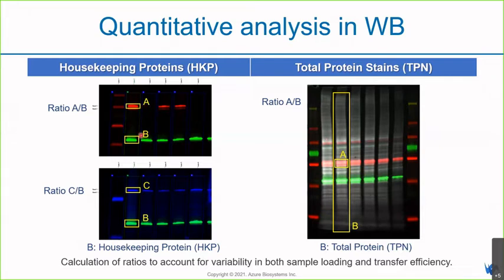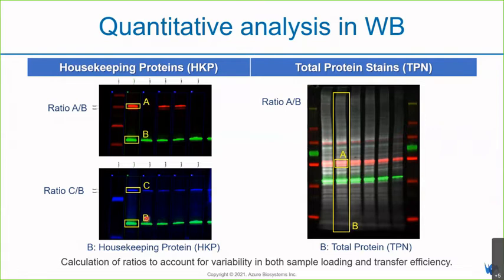How to do that is dividing the signal intensity of your target, here ratio A to B, where A is your target, divided by your housekeeping signal intensity in each of the lanes. In terms of data analysis, we calculate the ratio A to B or ratio C to B to account for the variability in both sample loading and also transfer efficiency.